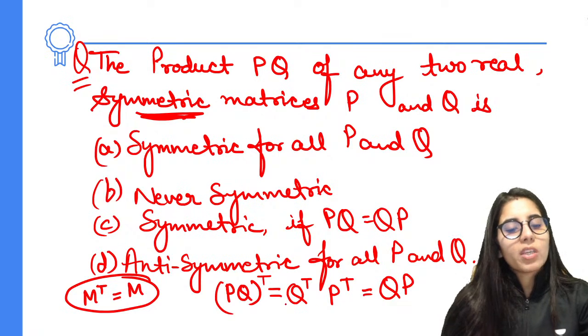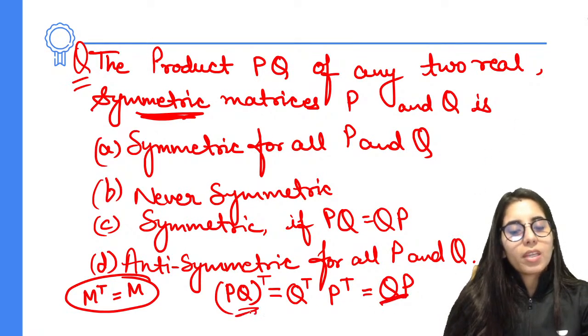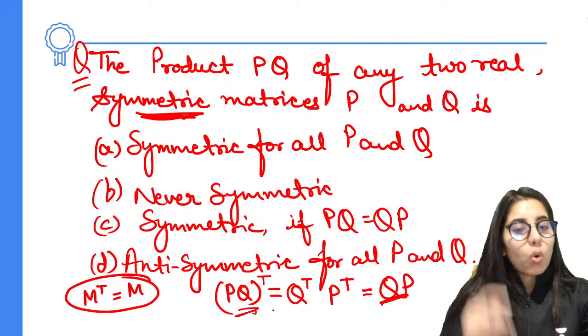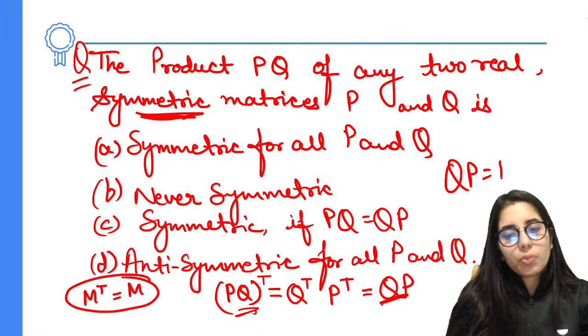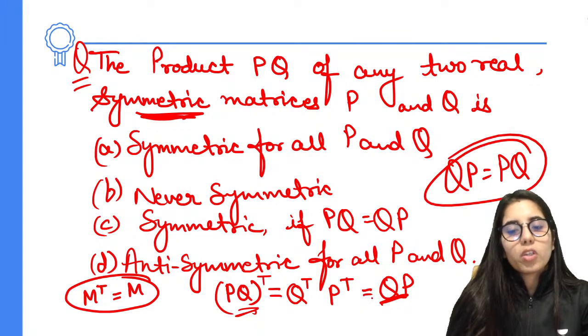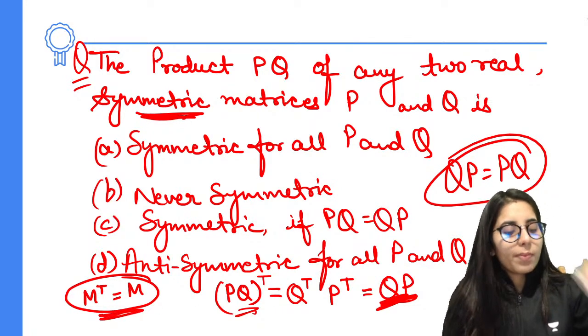It will be symmetric only if QP is also equal to PQ. Why? Because if QP is not equal to PQ, it doesn't satisfy the condition that the transpose must be equal to the same matrix.